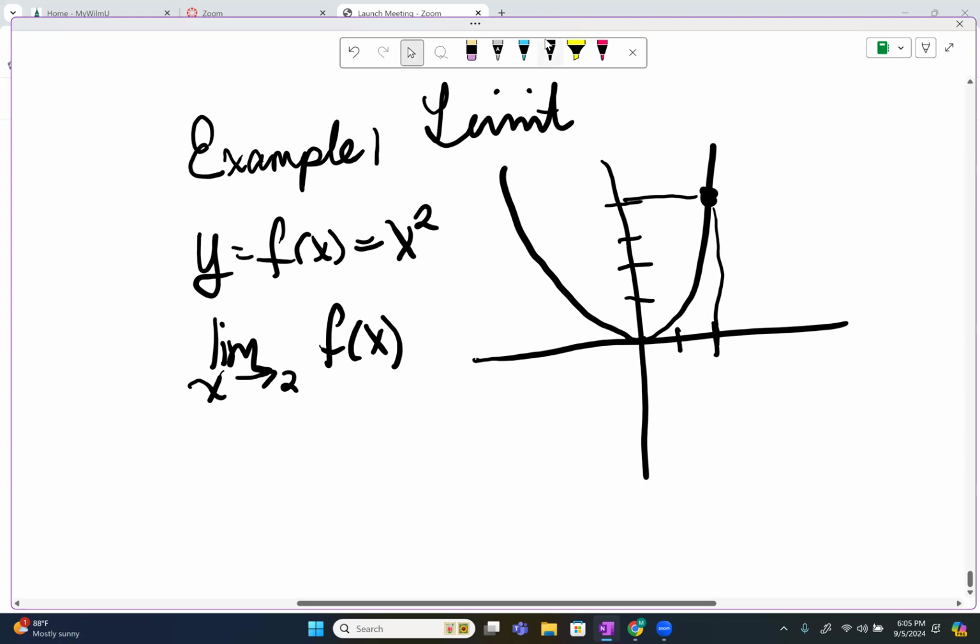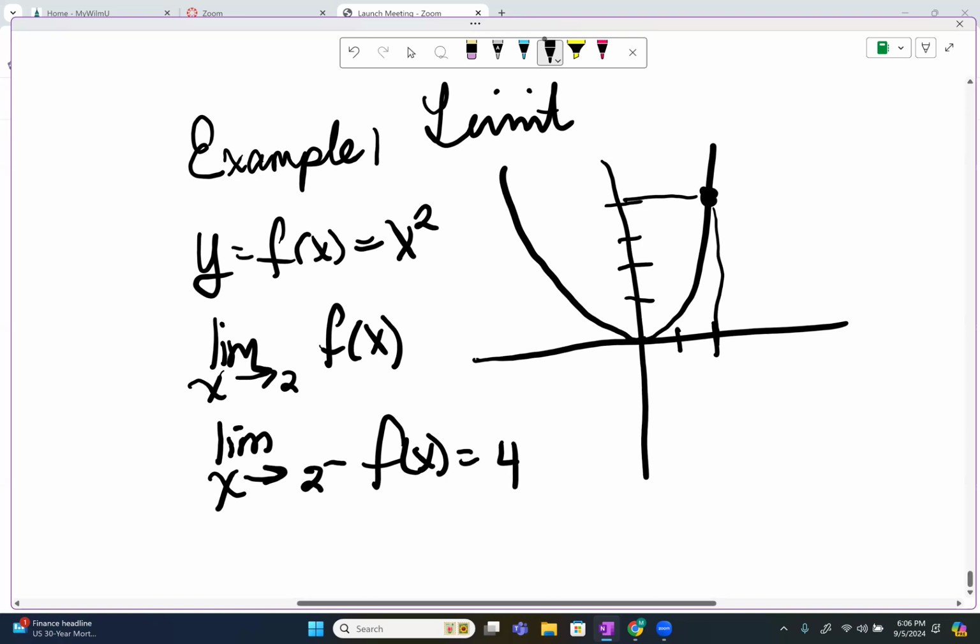If you look at it from the limit as x approaches 2 from the left, f of x is approaching 4 also. And as x approaches 2 from the right, it also approaches 4.